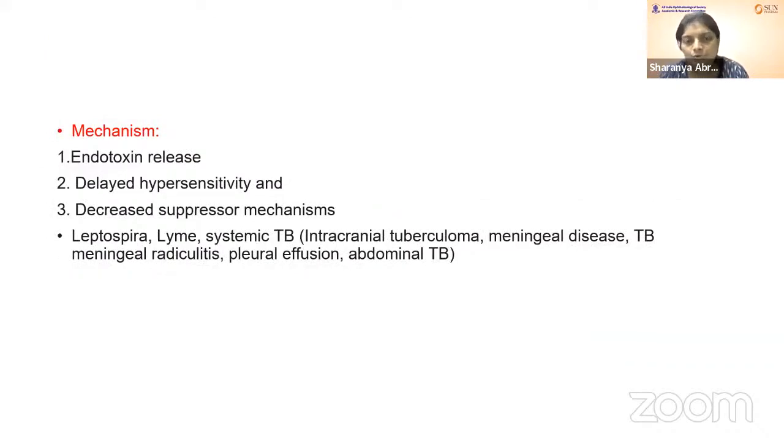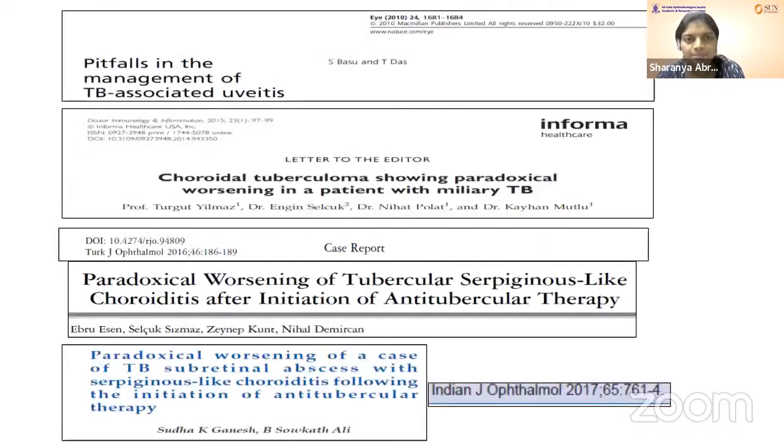The mechanism of JHR is endotoxin release, delayed hypersensitivity, and a decrease in the suppressor mechanisms. Although it is seen mostly in syphilis, other systemic diseases like leptospirosis and Lyme disease show it too, where the worsening can be in the form of intracranial tuberculomas, meningeal disease, radiculitis, pleural effusion, and abdominal TB.